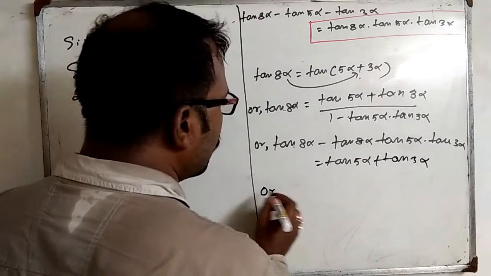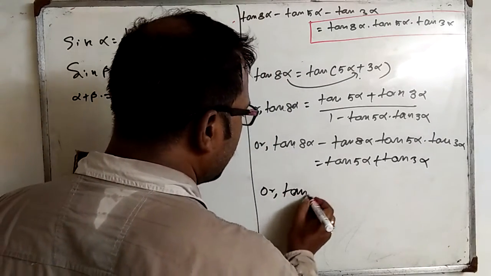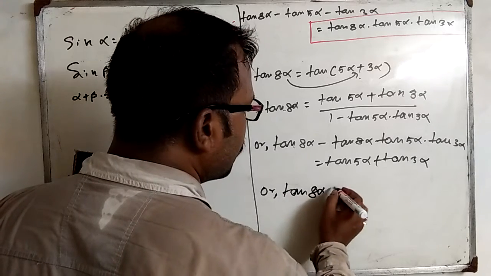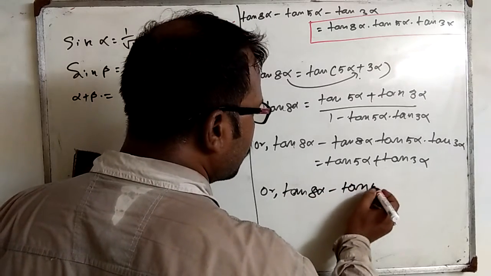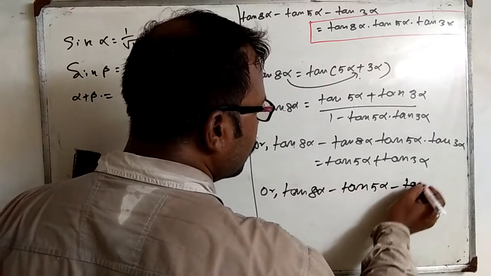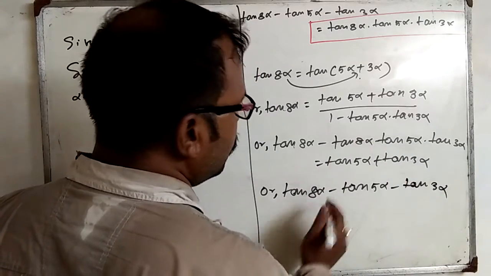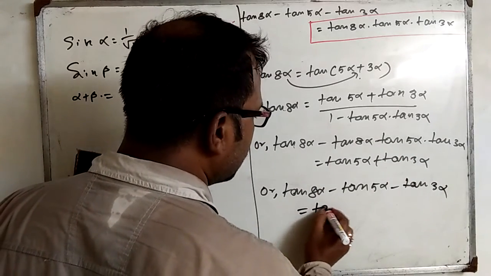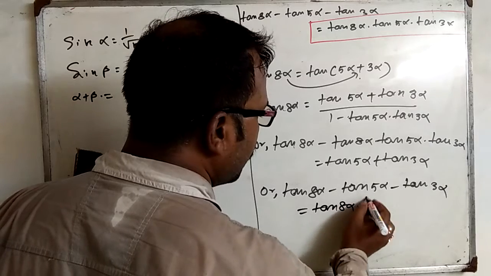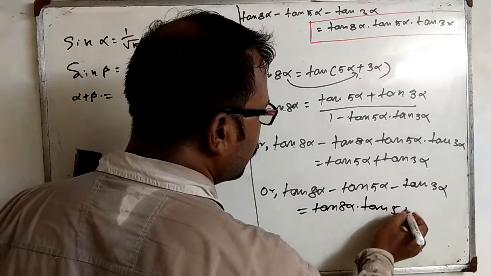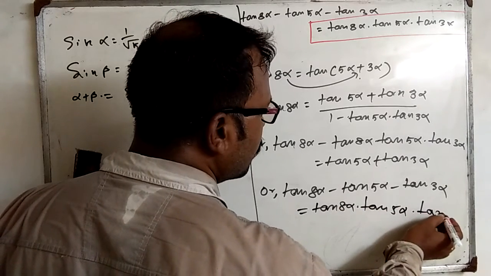Just interchange from left hand to right hand. Tan 8 alpha minus tan 5 alpha minus tan 3 alpha equals, that will be changed to the right hand, tan 8 alpha into tan 5 alpha into tan 3 alpha.